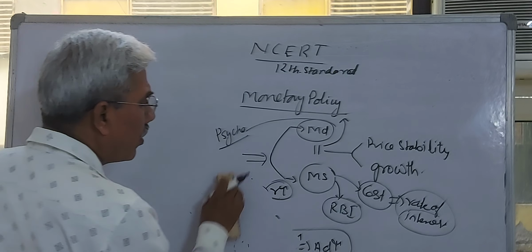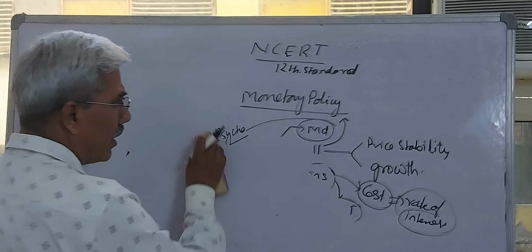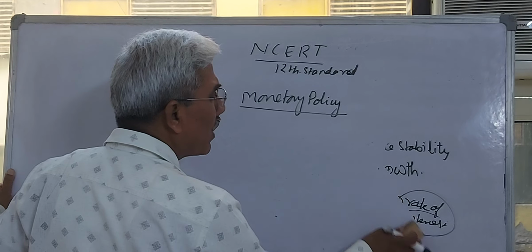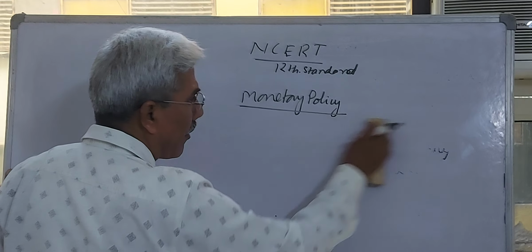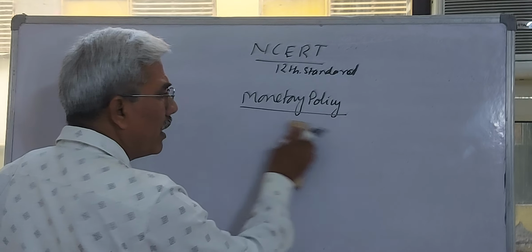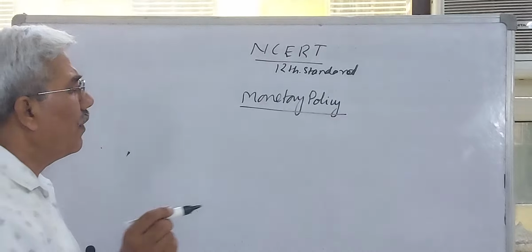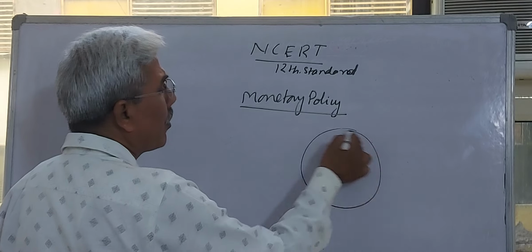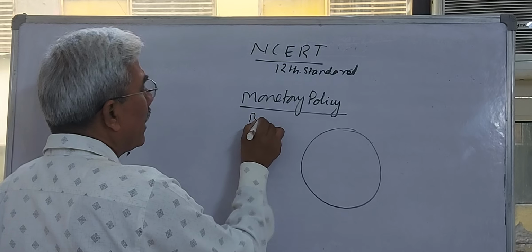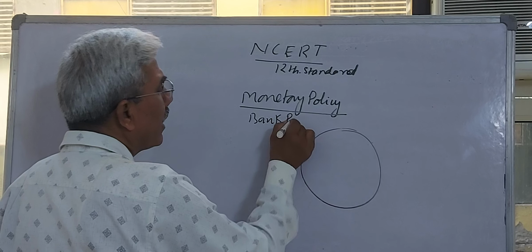Students, as you know, our commercial banks borrow money for lending to the consumer from the Reserve Bank of India. And when they borrow the money from the RBI, it takes the rate of interest on first grade securities. Suppose I am talking today about what the bank rate policy is.